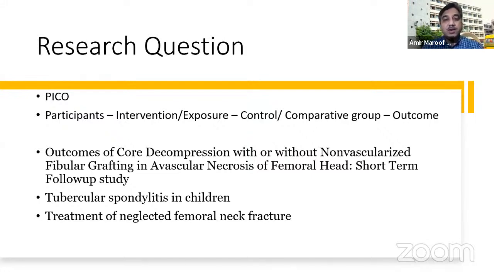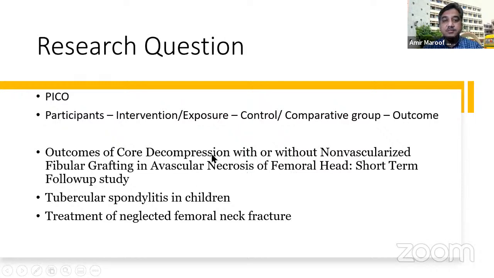So in these three titles, if you look at it, can you identify participants, intervention, control or comparator, and outcome group? The first example is: outcome of core decompression with or without non-vascularized fibular grafting in avascular necrosis of femoral head, a short-term follow-up study.